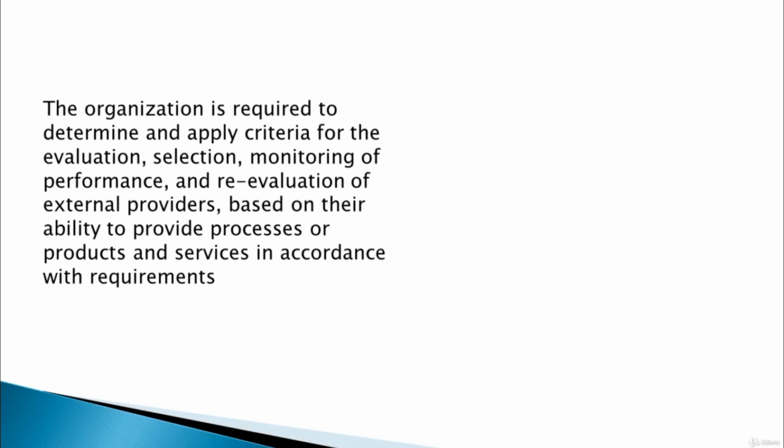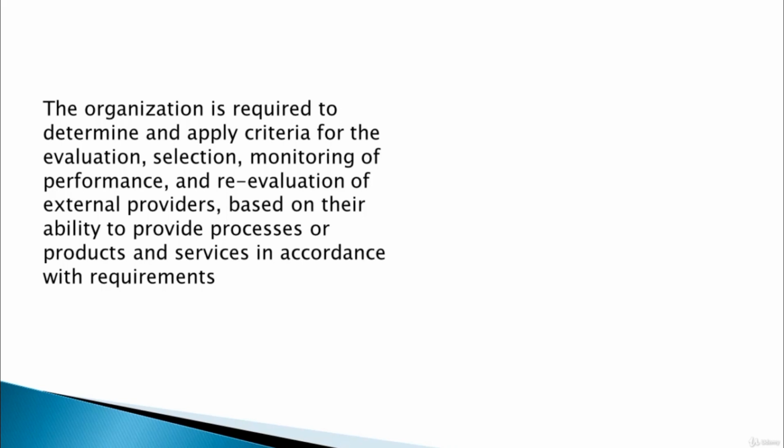Now, our organization is required to determine and apply criteria for the evaluation, selection, monitoring of performance, and re-evaluation of external providers based on their ability to provide processes or products and services in accordance with requirements.